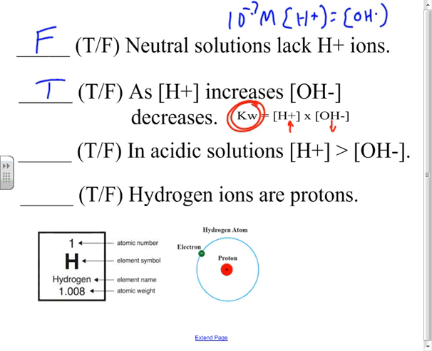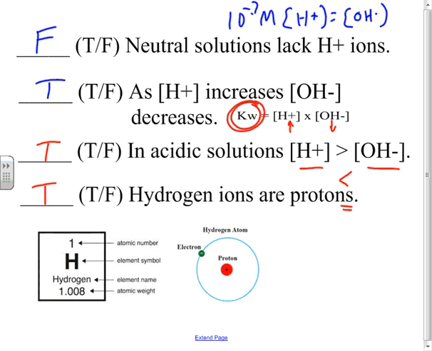In acidic solutions, the hydrogen ion concentration is greater than the hydroxide. That is true. In basic solutions, it would be the opposite. The hydroxyl would be greater than the hydrogen. And in neutral solutions, those two are equal to each other. Last question here: hydrogen ions are protons. That is true.